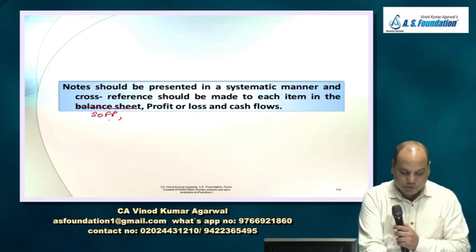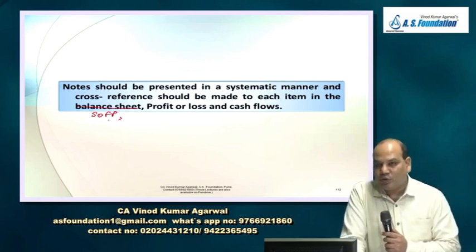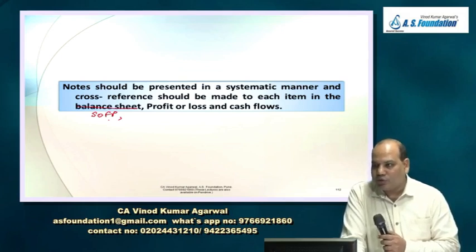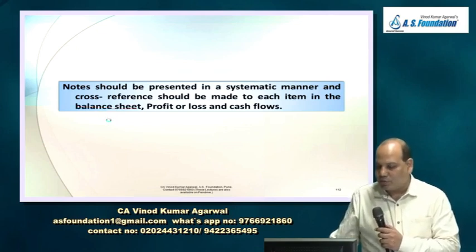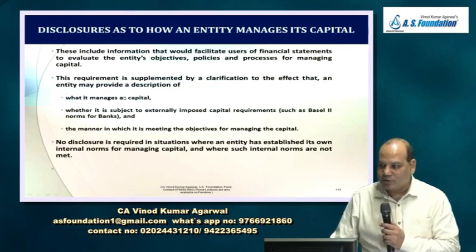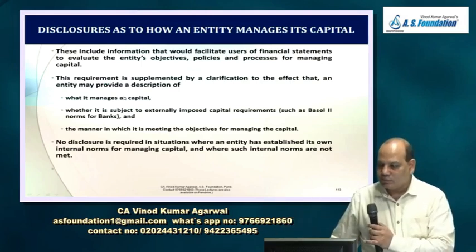The purpose is that if you are reading the SOFP and you want to know the details of inventory, you can just go to the respective note number and read the details. This you know very well because you have been preparing the financial statements in your offices. Cross-referencing helps you to quickly refer to the respective notes.